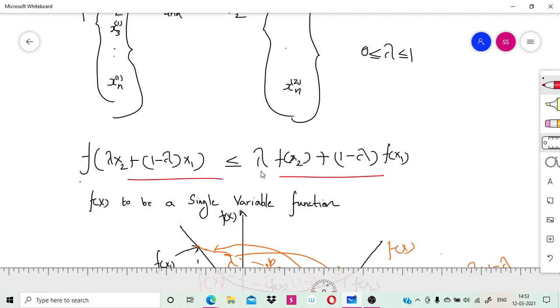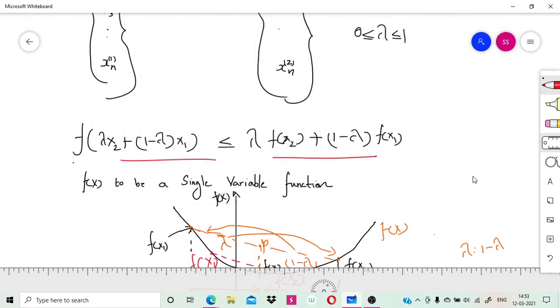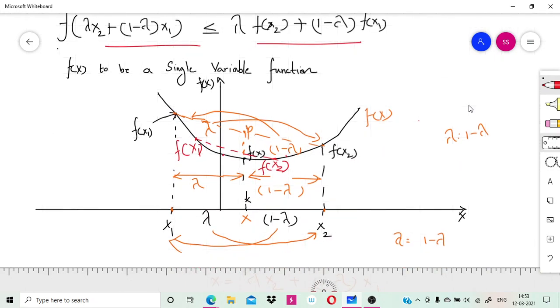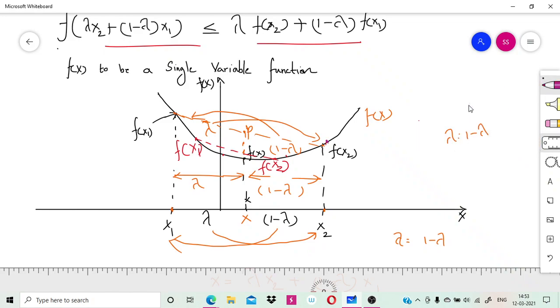If the equality condition comes, then our function can also be considered a convex function. For example, I am taking 2 points here and here.